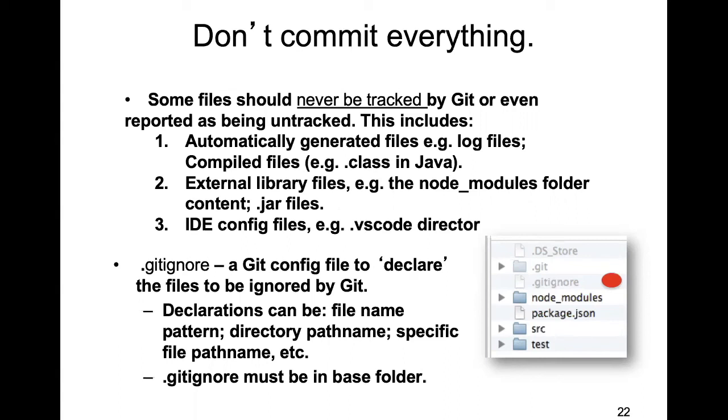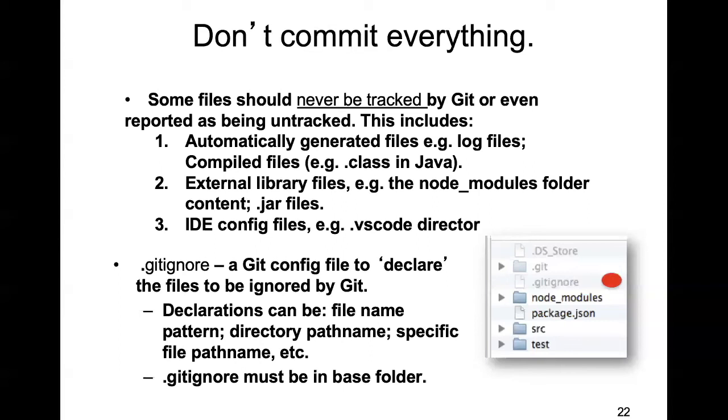So never commit generated files like log files or .class files in the case of Java. Never commit third-party libraries. Number 3 there, never commit files that are more linked to the particular IDE or text editor that you're using, because they're not really relevant to the core source code of the project.